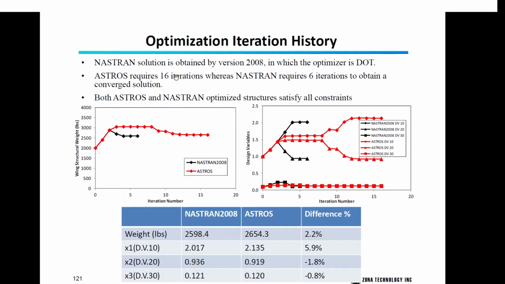And ASTROS also uses an optimizer. ASTROS requires 16 iterations, whereas Nastran requires 6 iterations to obtain a convergent solution. And then you can see the final optimized solutions between ASTROS and Nastran are very close.